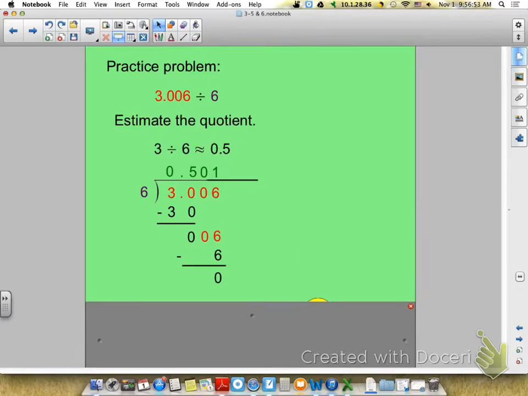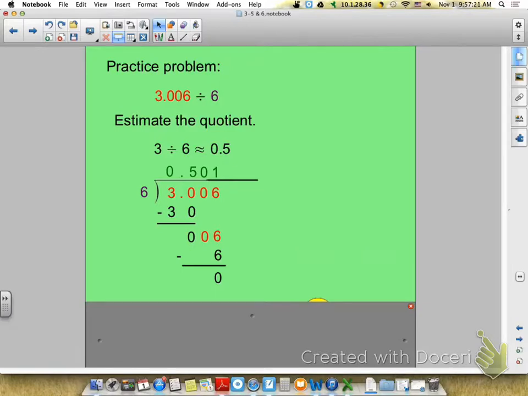Now, is that a terminating decimal? Meaning, does it go beyond this? No. Do I need to round this to the nearest hundredths place? I could, but there's only 1,000ths after that, so I might as well just write it as 0.501.